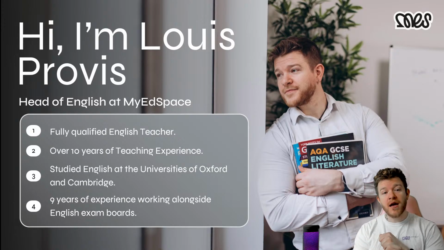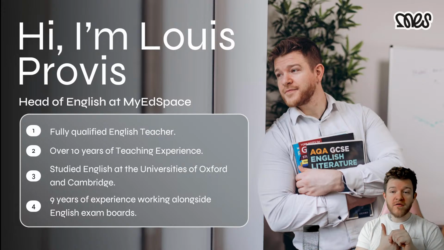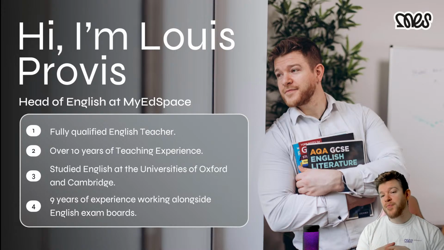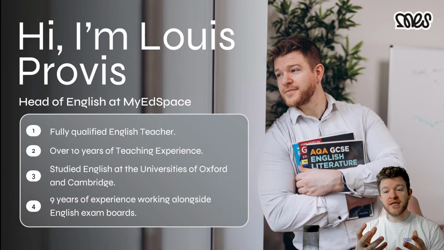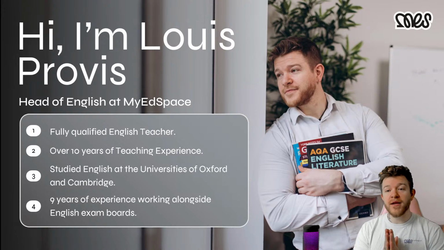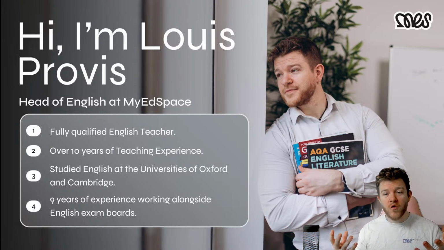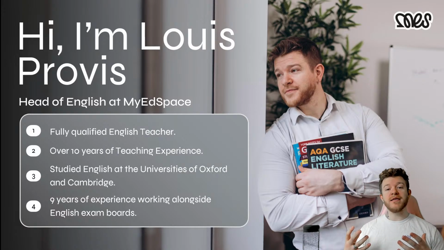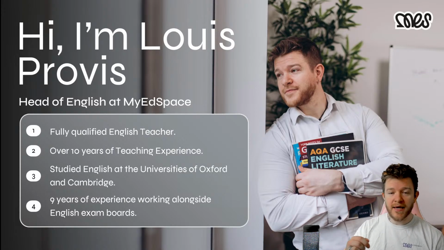Before I started teaching, I got a degree in English from the University of Oxford before getting a master's degree from there, and I also have a master's degree with distinction from the University of Cambridge. In my 10 years of teaching, I've also spent 9 of those years examining for the major English exam boards that we are all familiar with. I'm not going to go on too much about myself because it's very boring, but that's why you can listen to what I'm saying. I've got my experience and my expertise, and hopefully that means I'm going to help you get to where you need to be in English.